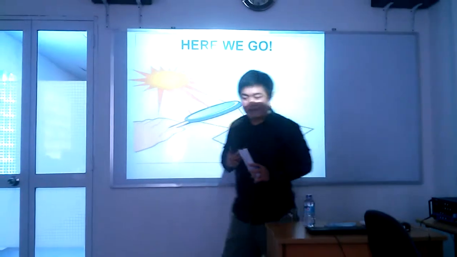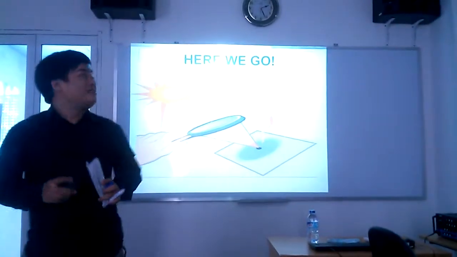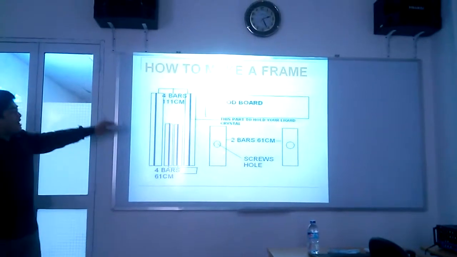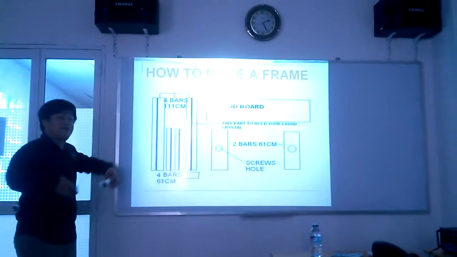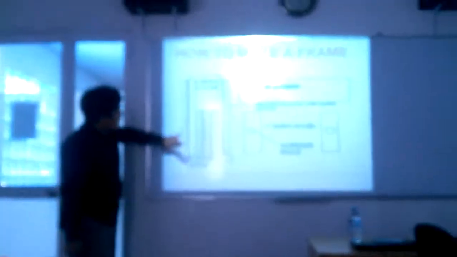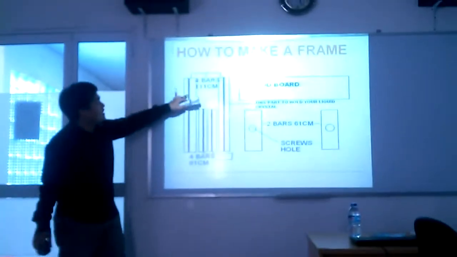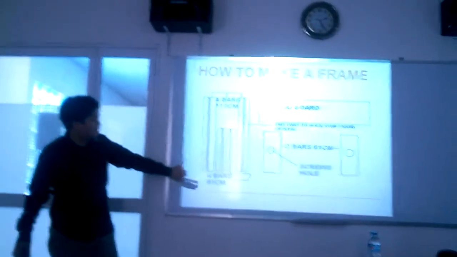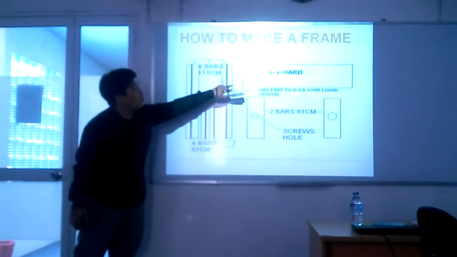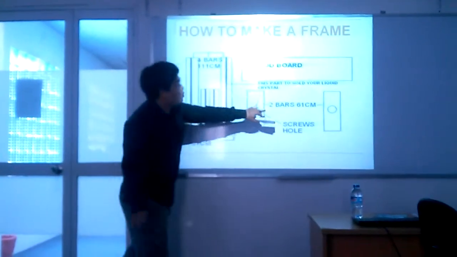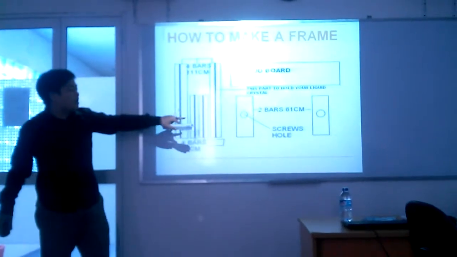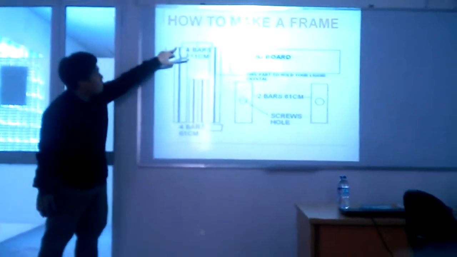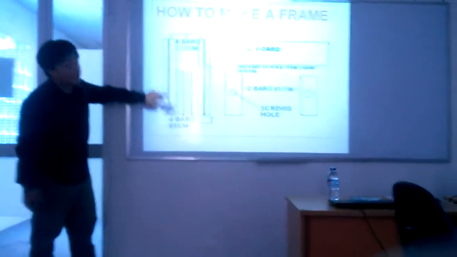This is an important part, so pay attention carefully. Here we go. How to make a frame? I will show you how to make the frame first. This is 4 bars of 111 centimeters, and this is 4 bars of 61 centimeters, and we have 1 wood board and 2 bars of 61 centimeters, and this is a screw hole. Remember that we need to make it line up.